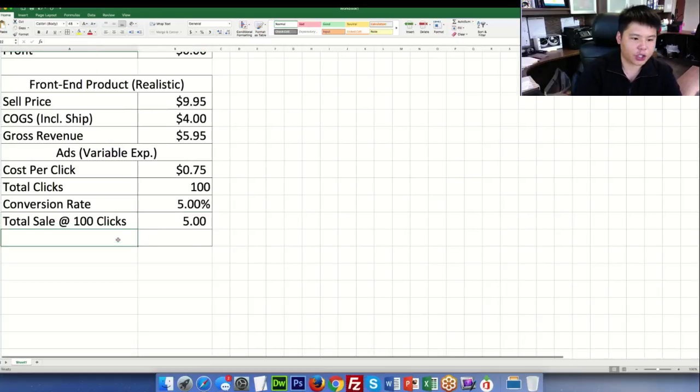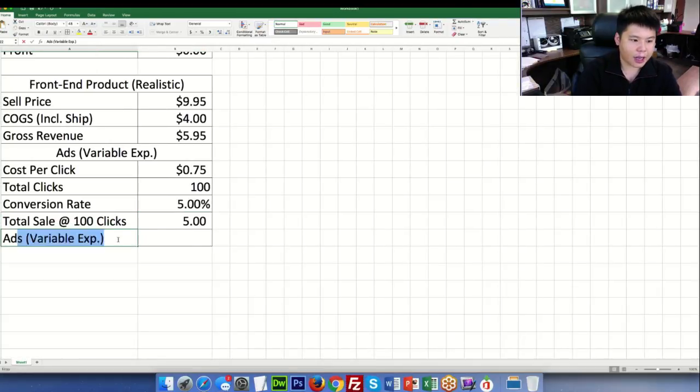And in order for you to actually do 100 clicks, your ad cost at 100 clicks will equal this multiplied by this.